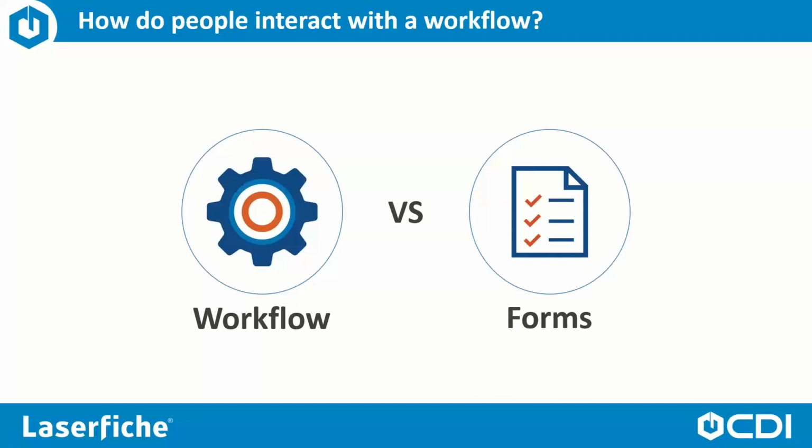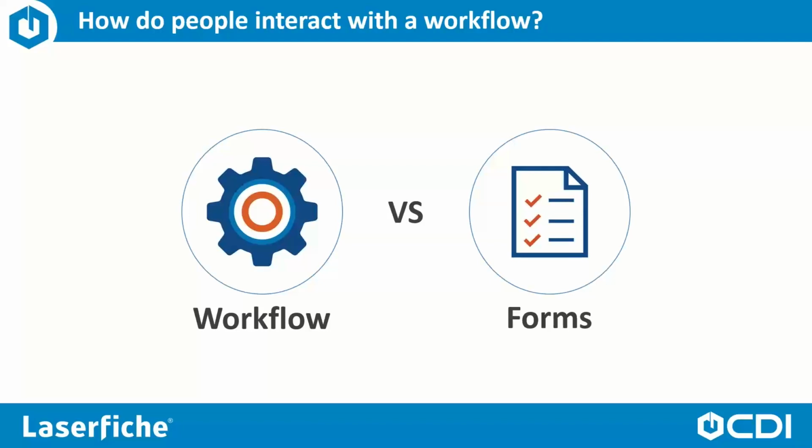So one of our agenda items is, how do people interact with workflow? I want to explain a little bit of history here first. Laserfiche workflow and forms do have some overlap, but there's also some differences. Initially when Laserfiche rolled out workflow and then later rolled out forms, they didn't recreate activities that workflow could already do.